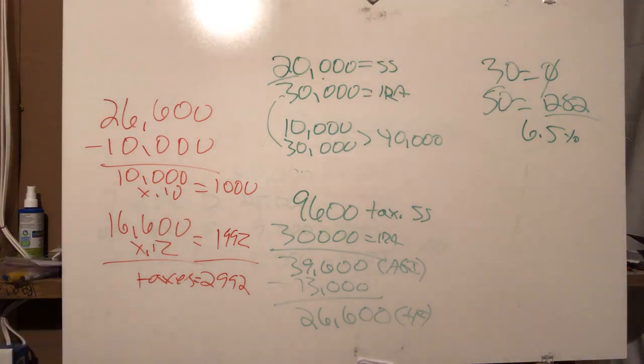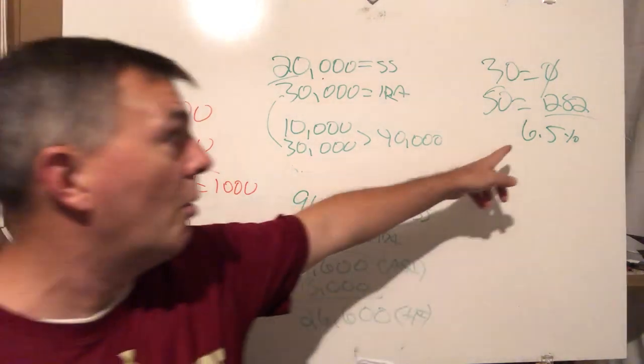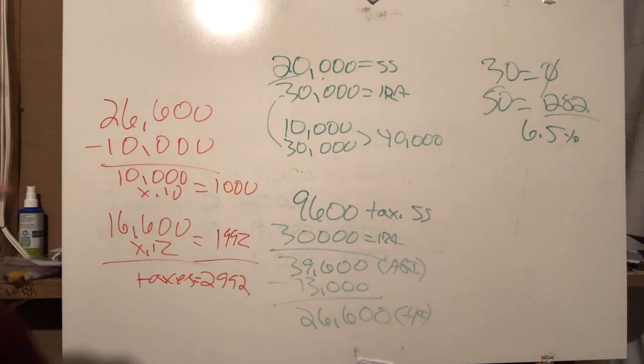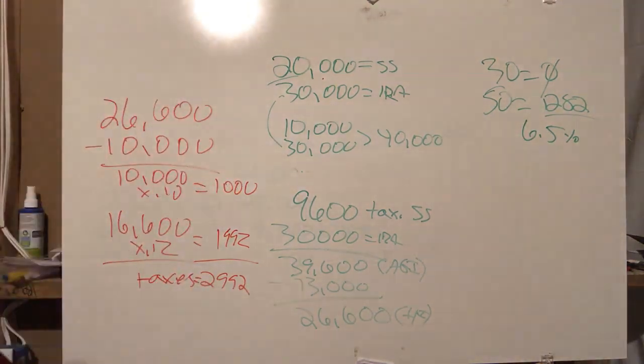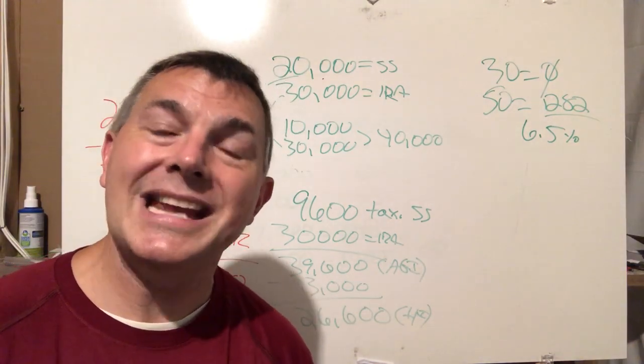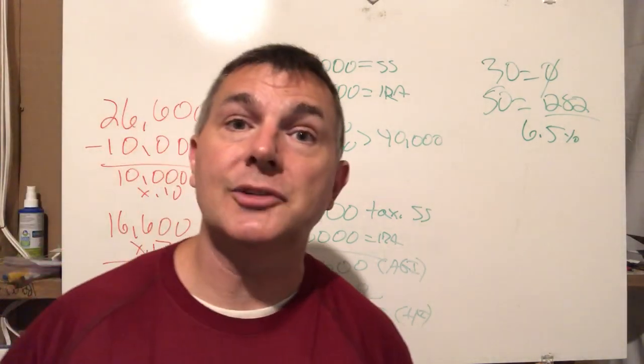That extra $10,000 IRA made her taxes go up by about $1,800. So the extra $10,000 IRA costs her an extra 18% in taxes. It's crazy. That's the tax torpedo, man.